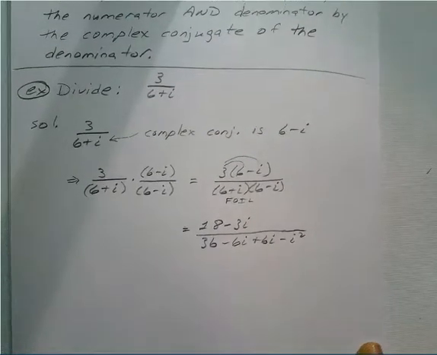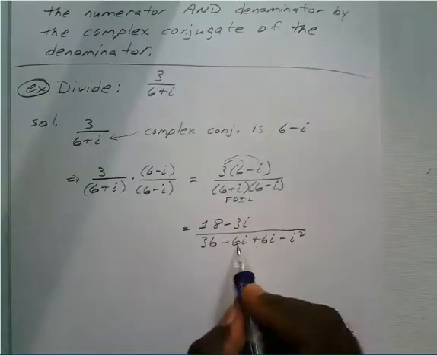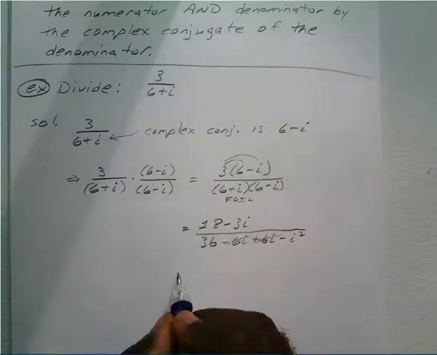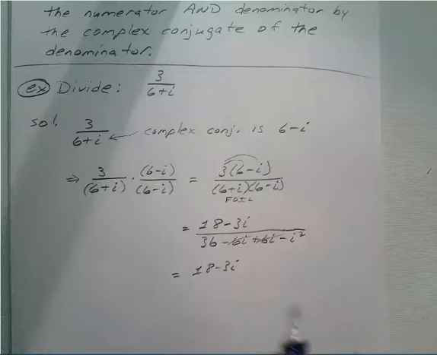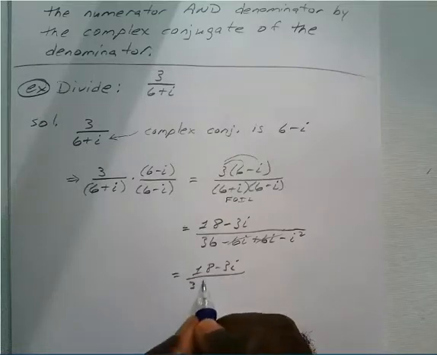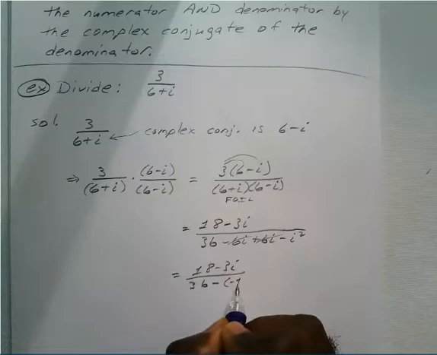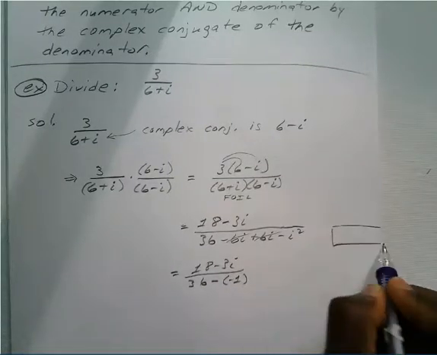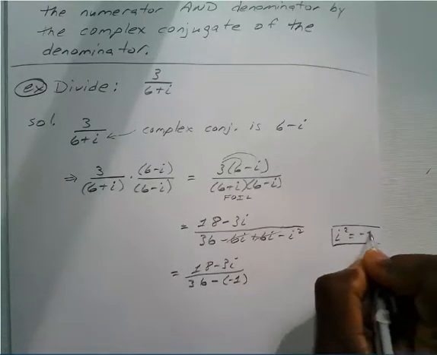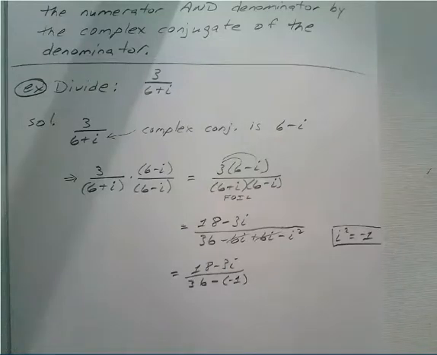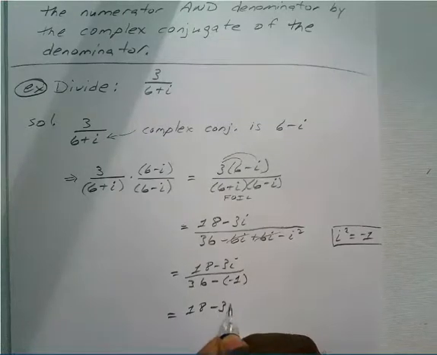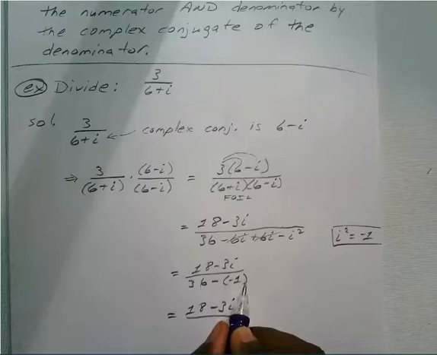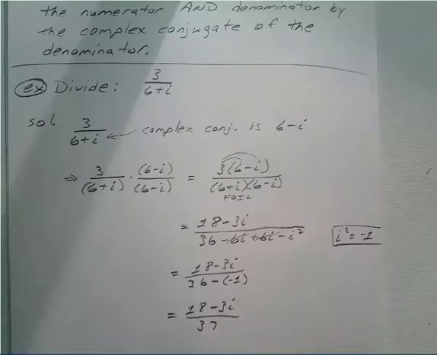Okay, these two middle terms are going to cancel each other out. So you have 18 minus 3i all over 36 minus negative 1, because you remember, i squared equals negative 1. That gives us 18 minus 3i over 36 plus 1, which is 37.